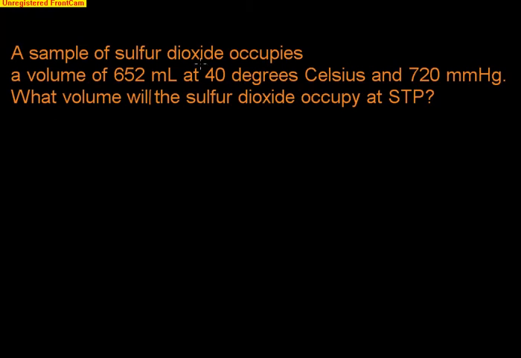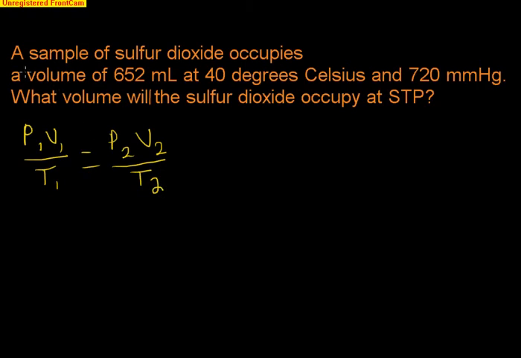We have a volume, a temperature, and a pressure. So let's jot down the combined gas law: P1 V1 over T1 is equal to P2 times V2 over T2.